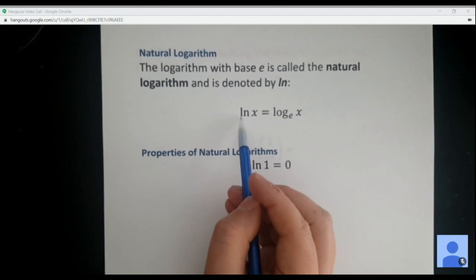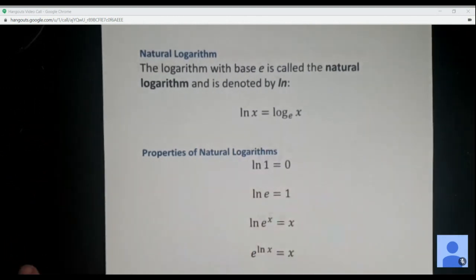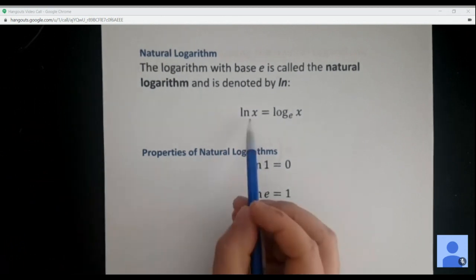So that is an L, not an I. This is ln of x, or natural log of x. Anytime you see this, just understand the base is an understood e that's not written. We have to keep that in mind.